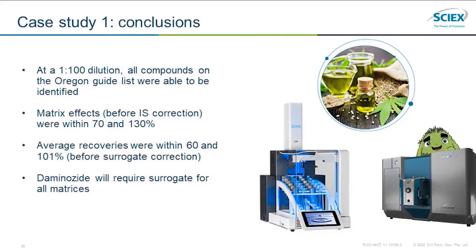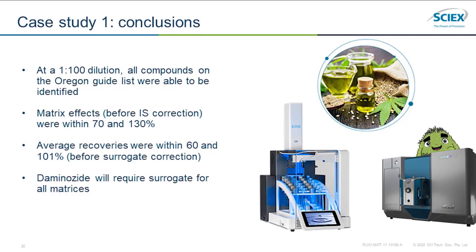But overall, just looking at the flexibility of our method at a 1 to 100 dilution, we were able to see all the compounds in the organ list with the matrix effects, so no internal standard correction, between 70 and 130, and our average recoveries between 60 and 101, which is great. That's right in the range that we'd want to be, and that's before any surrogate correction.